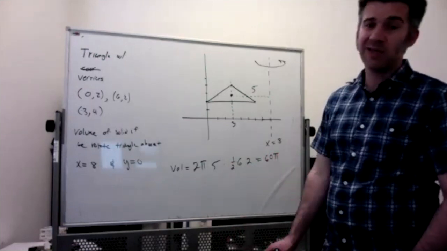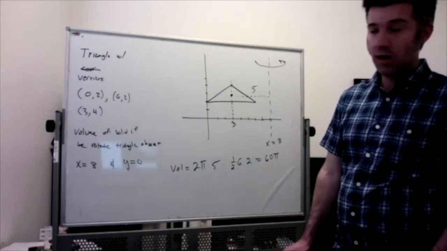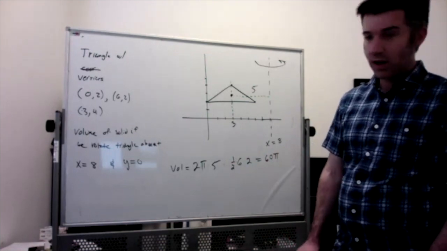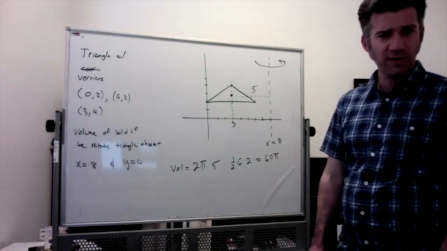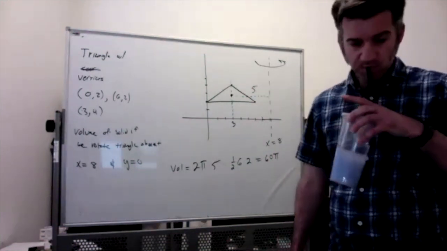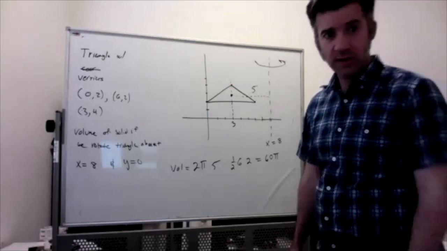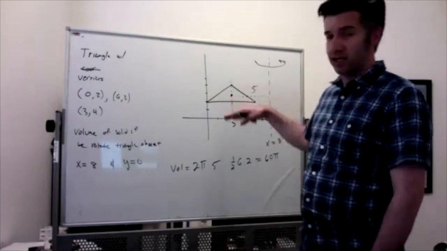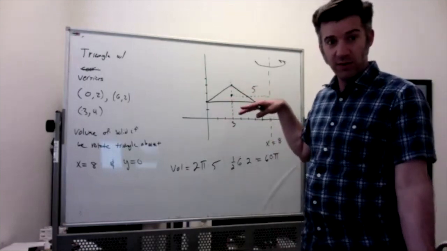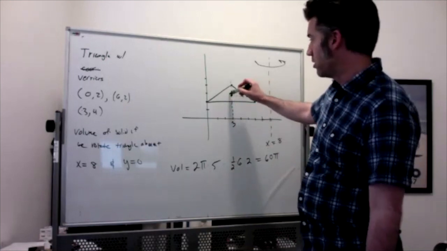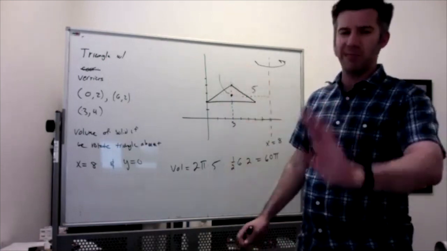Now, around y equals 0 is unfortunately a little hard. We actually do have to find the center of this triangle. I think there's a formula for the center of a triangle. I don't actually remember it. I'm pretty sure the center of a triangle is 1/3 the height of the triangle, I'm like 90% sure.